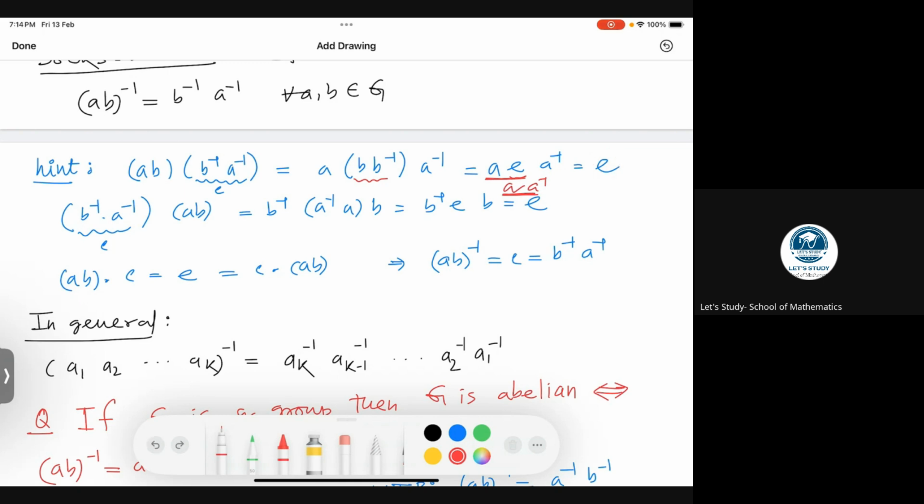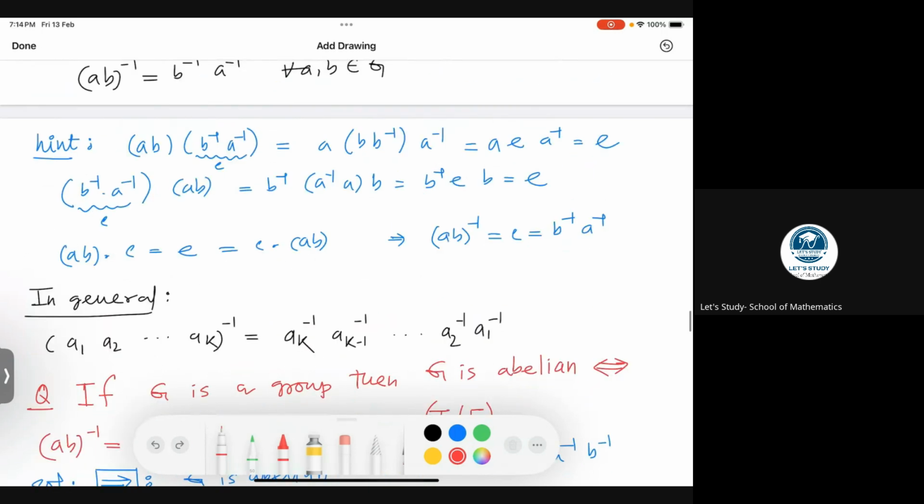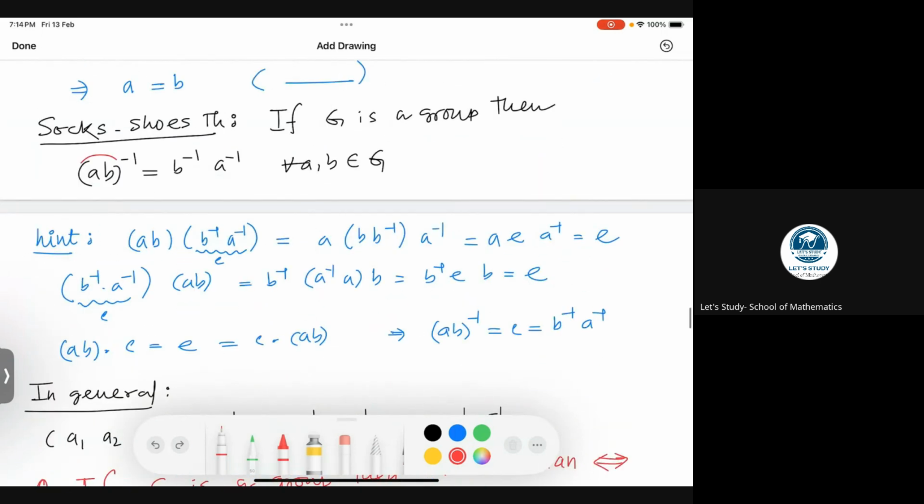Done. Similarly for the next part. Okay. So what is the inverse of AB? The inverse of AB is B inverse into A inverse. Here B inverse star A inverse means the binary operation on G.